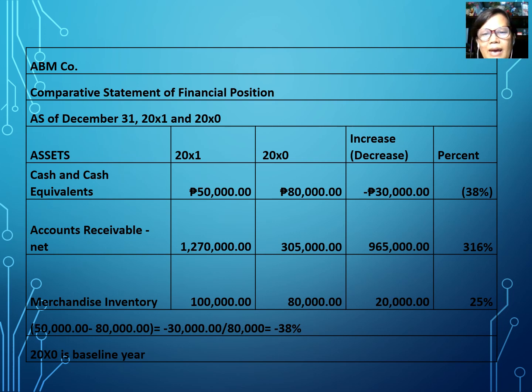How did you get it? 50,000 less 80,000 will give you the amount of 30,000. And that is negative because 50,000 in 20x1 is lesser than 80,000 in 20x0.